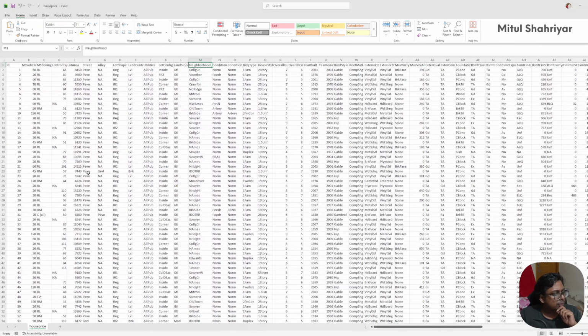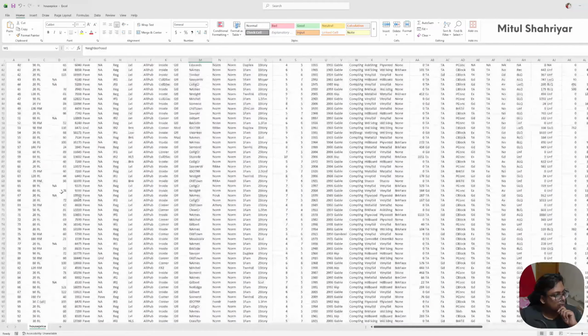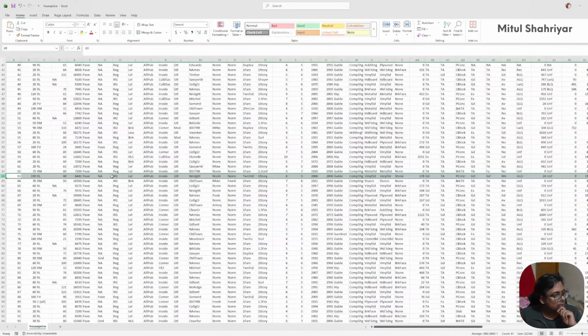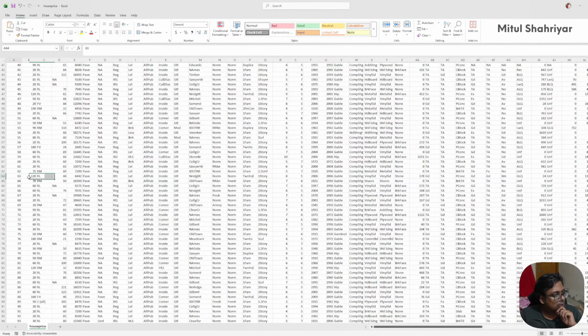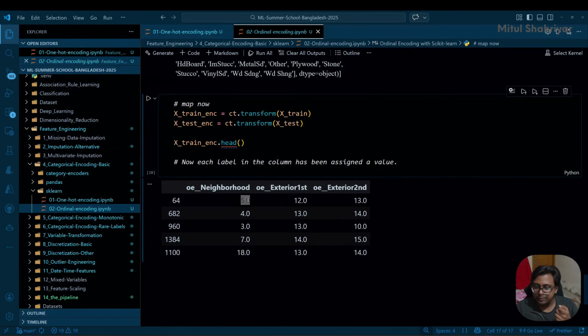This is the one, M, right? For this one specifically, this string, the ordinal encoding has assigned the value 5. So that is what we can understand from here. And for others, this is what it is. So yeah, this is what we can do, right?